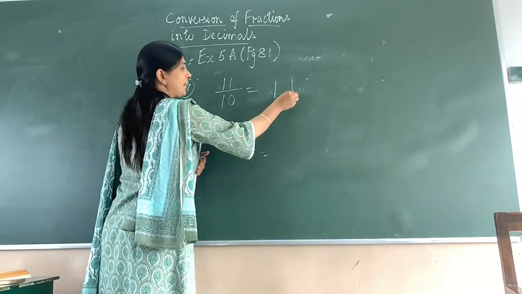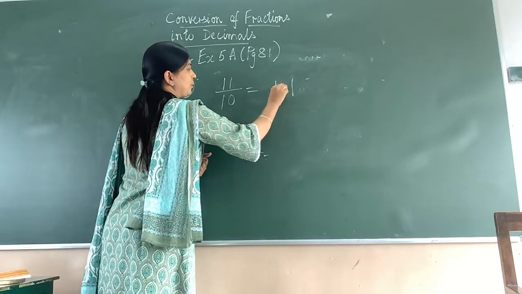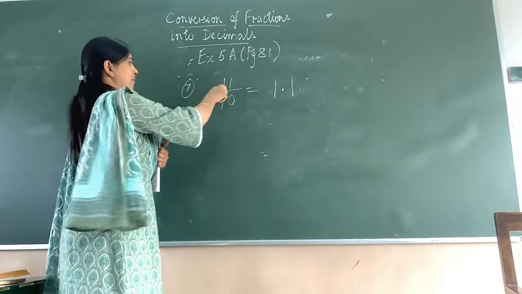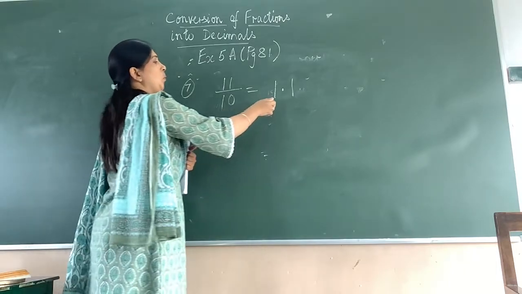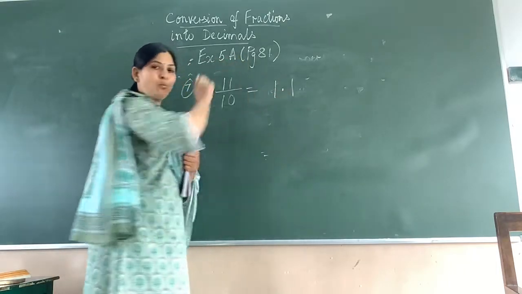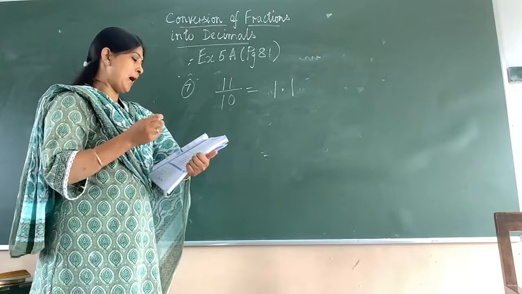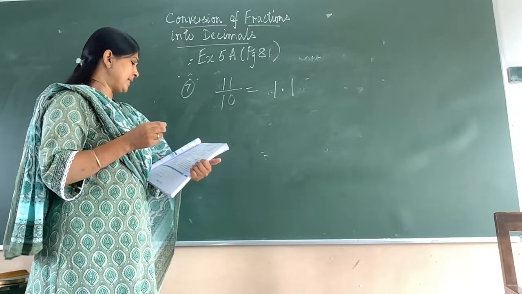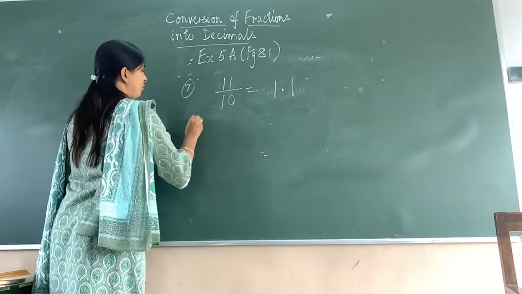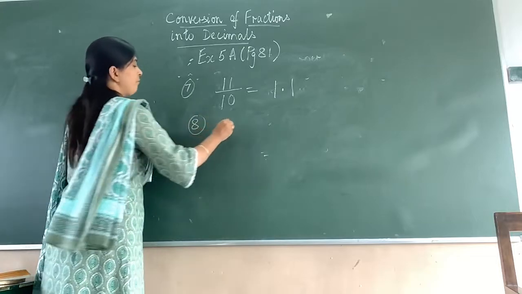So we'll count 1 digit and then put a decimal point. So 11 over 10 means 1.1.